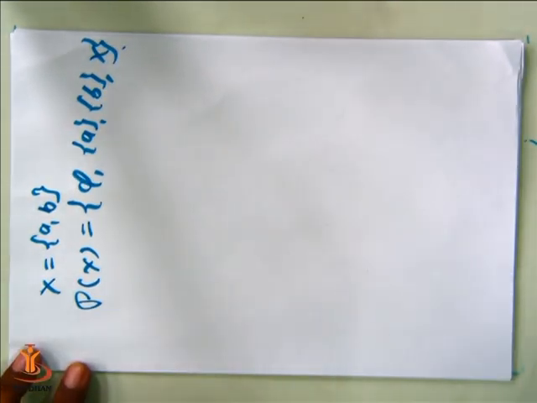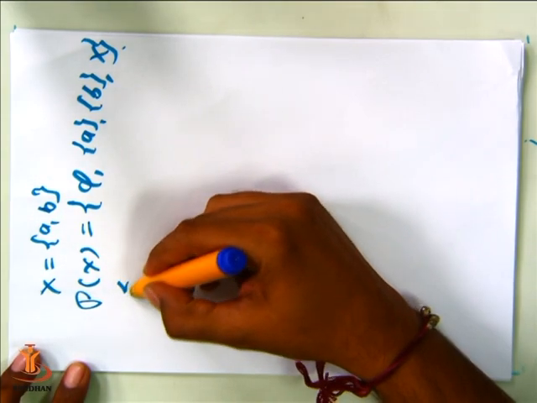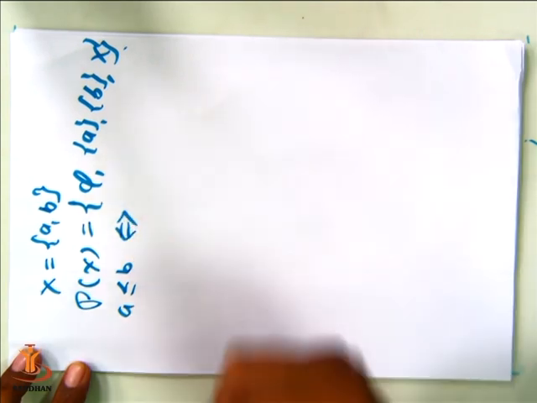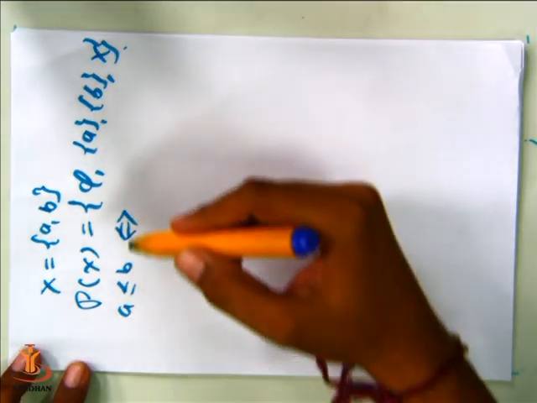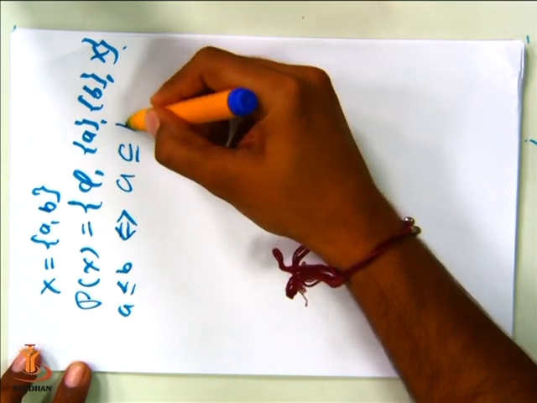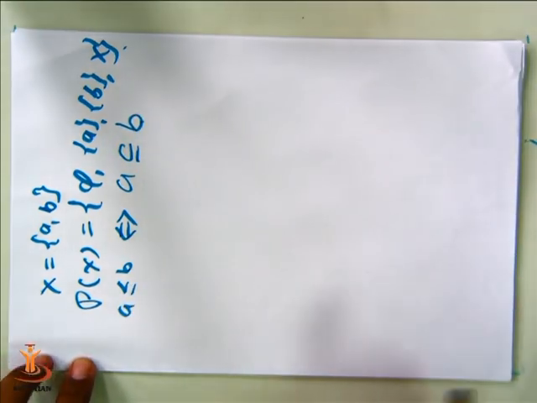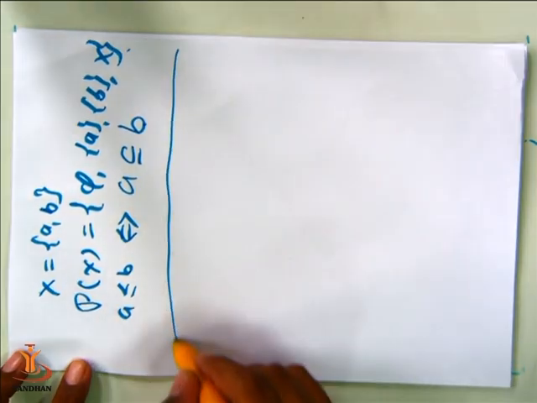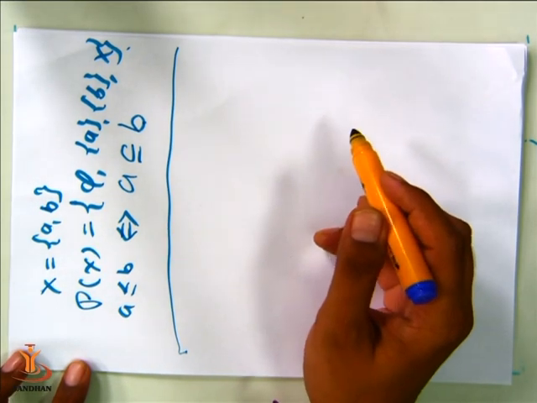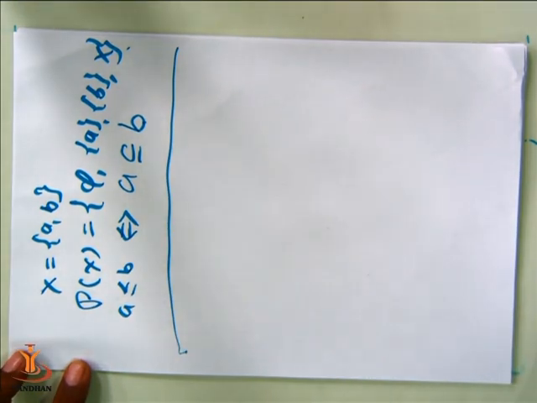Now with this power set of X, if I choose less than or equals to, that means A is less than or equals to B if and only if A is a subset or equals to B.